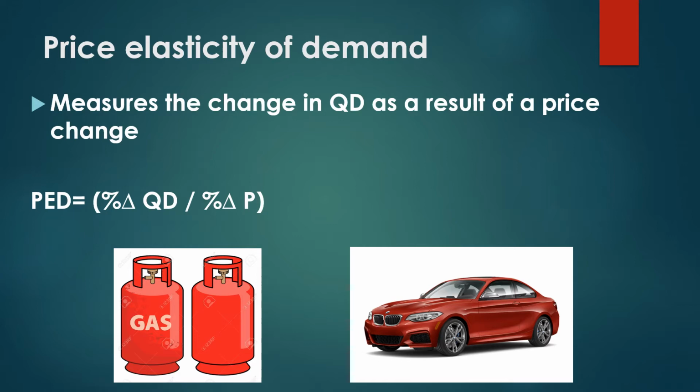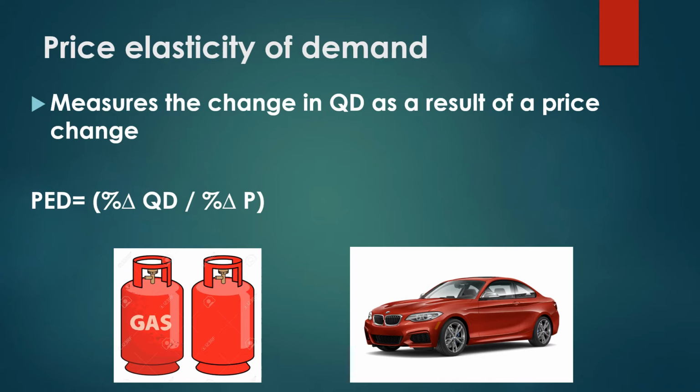But we want to know how much that quantity demanded is going to change. For some goods, we will see a large decrease in quantity demanded from a small price increase. Other goods, though, will see a large price increase and quantity demanded won't fall by that much. Elasticity is the determining factor in how much quantity demanded changes as a result of the price change.